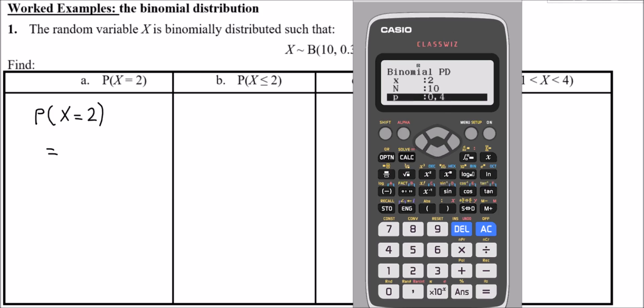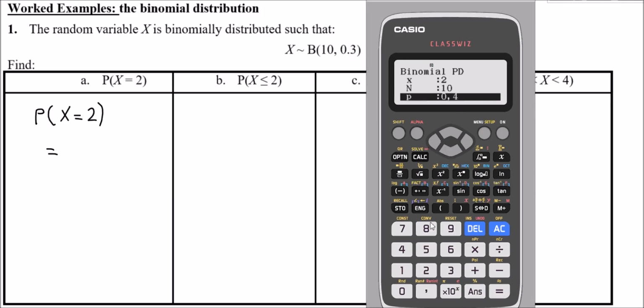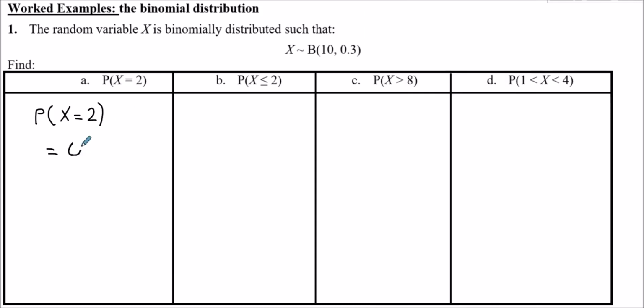The probability of success, we're told, is 0.3. So with 10 trials, I want the chance of having 2 successes if the probability of each success is 0.3. Press equals and let the calculator do all the legwork for you. It's awesome. To 3 significant figures, that's 0.233.